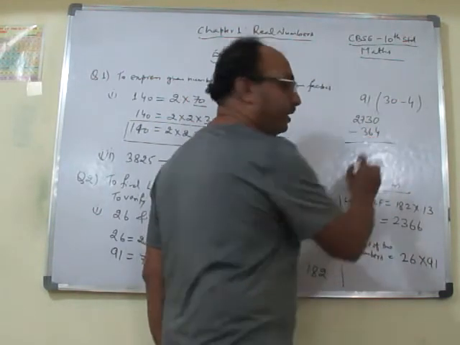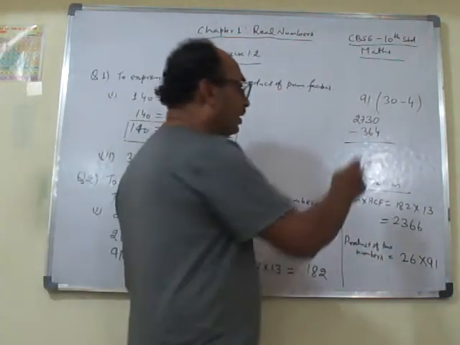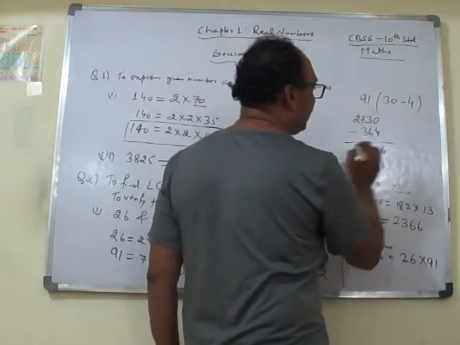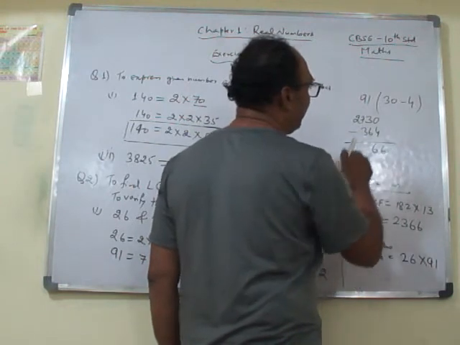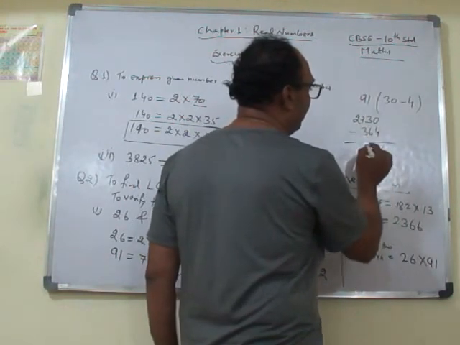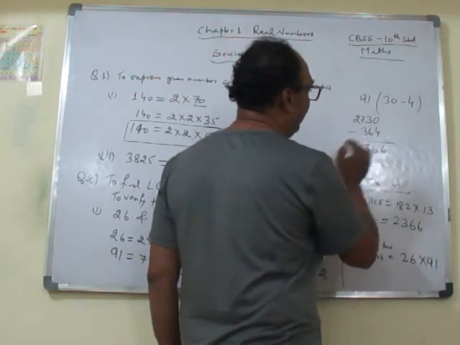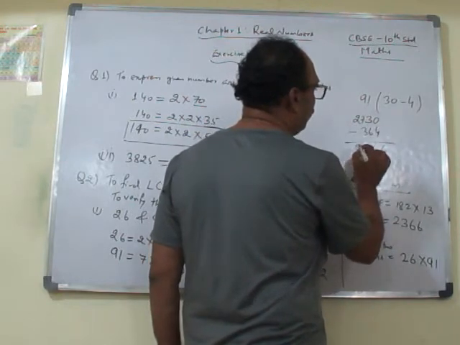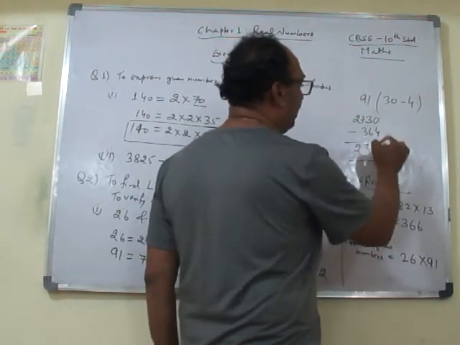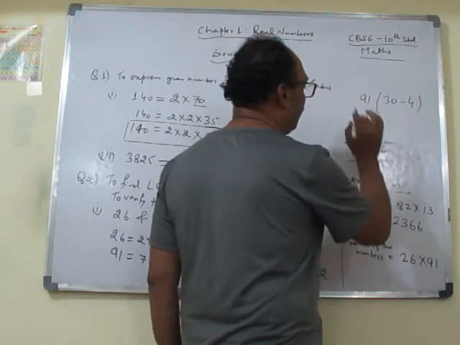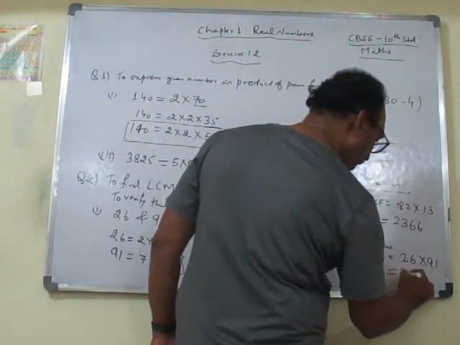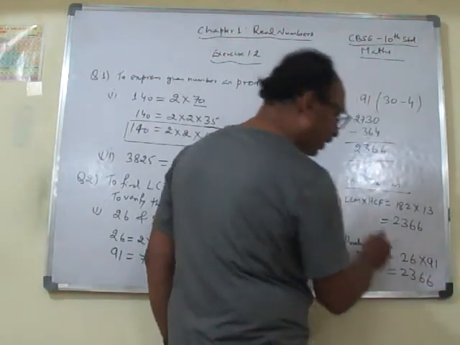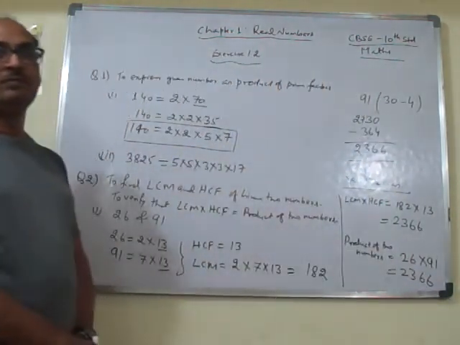We have to subtract. 10 minus 4 is 6, again 12 and then 6. So the result is 2366. Whether both are the same? Both are the same.